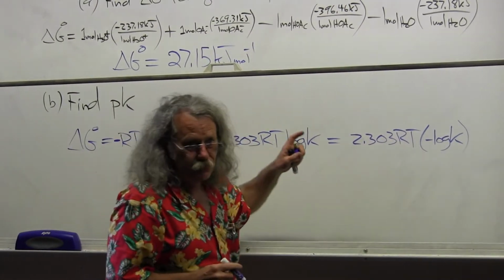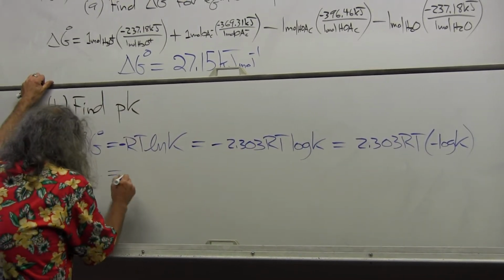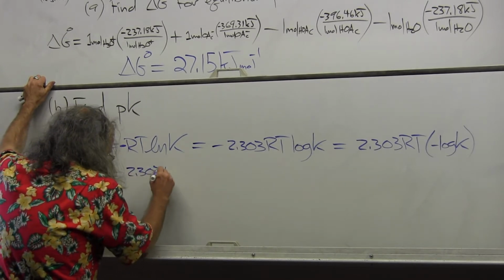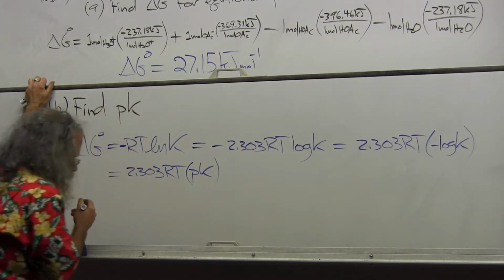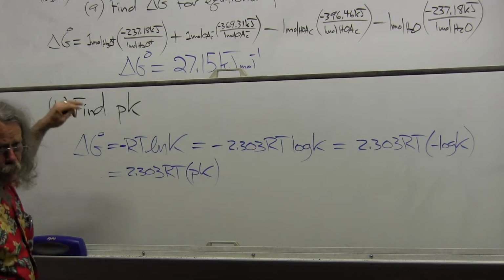P of that thing. And so this delta G naught is equal to 2.303 RT times PK.